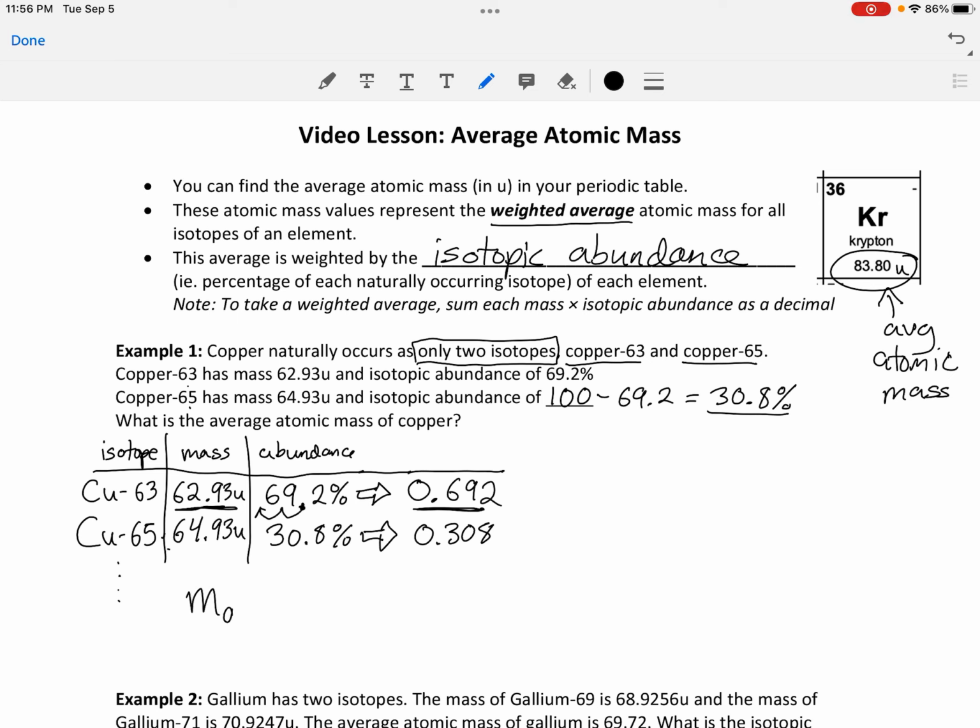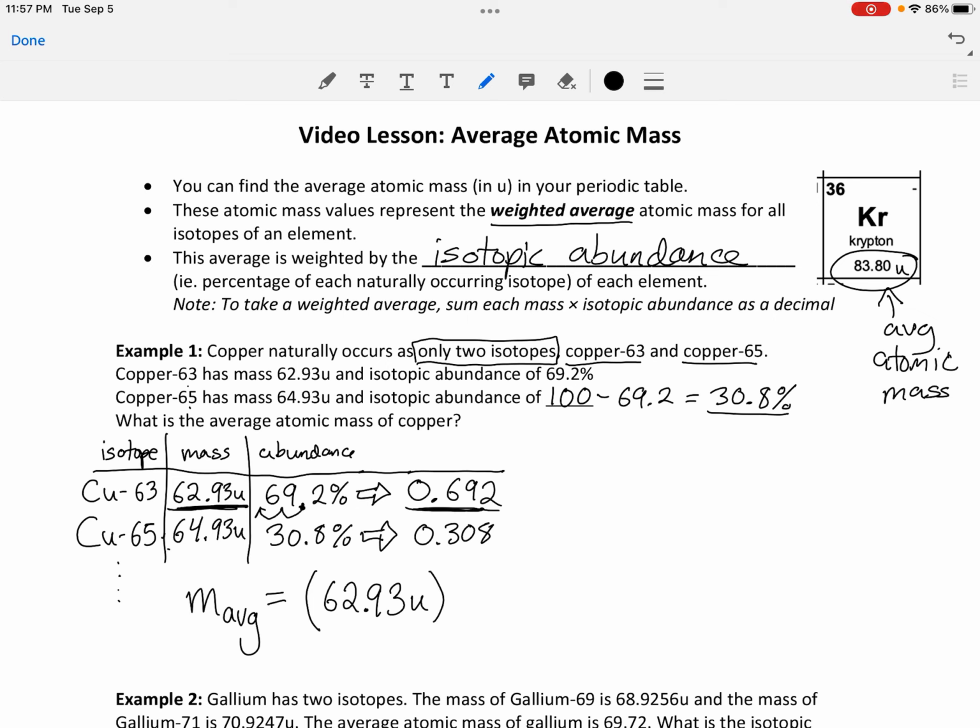We're going to say mass average, that's that weighted average, and it's going to be the mass of each isotope times its abundance in a decimal form. So the first isotope, copper 63, has a mass of 62.93 atomic mass units. So that's that first mass there.